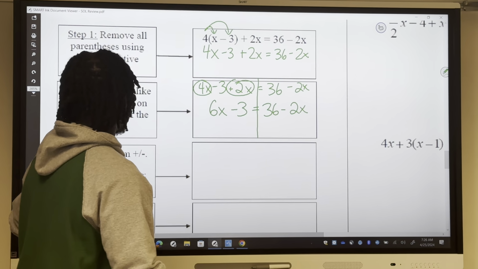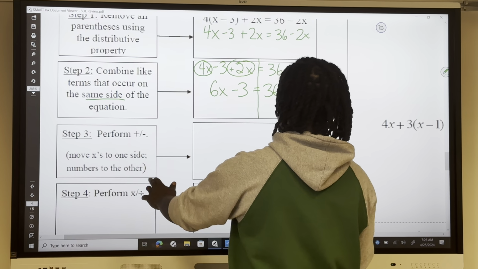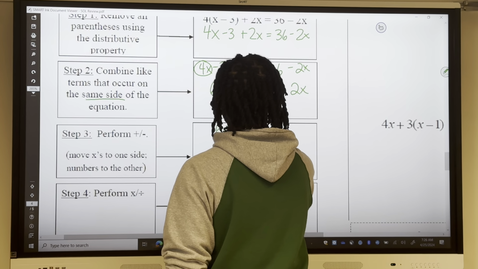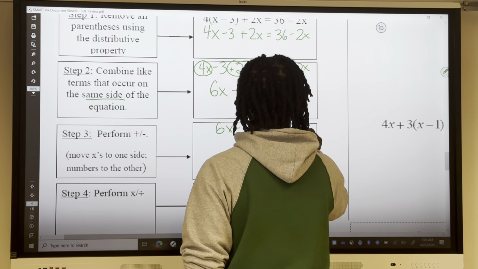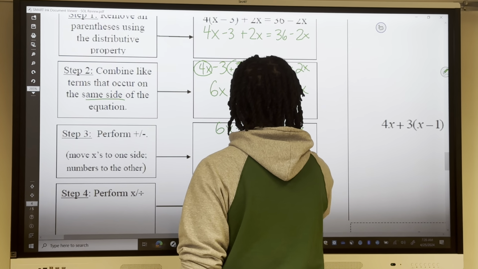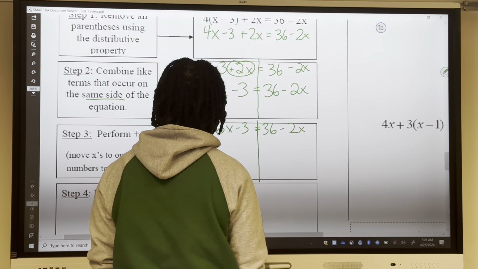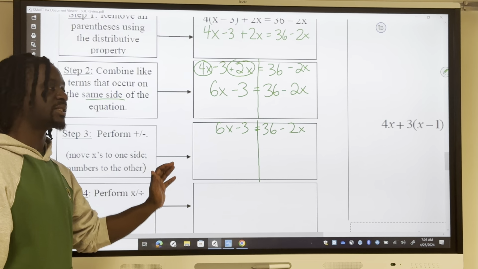Now we're going to move the x's to one side and the numbers to the other. So 6x minus 3 equals 36 minus 2x. When you move the x's, you can really move them to either side.